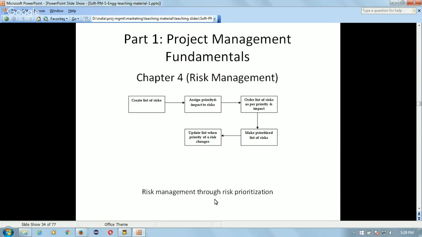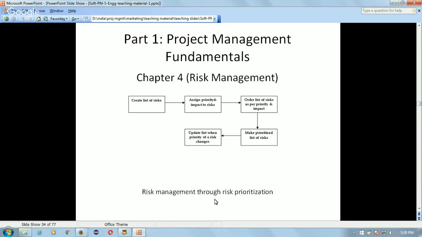So the risk associated with skills is a high priority risk, and the risk which is associated with the service provision is a lower priority. So the project manager has to assign higher priority to this risk related to skills, and he will ensure that the person who is supposed to do some work gets training, so that his skills are up to date, and he will be able to perform the task well.